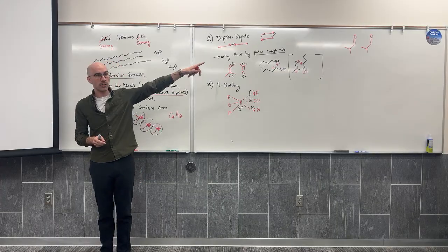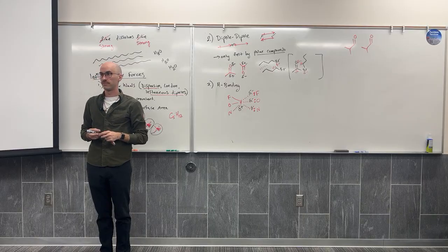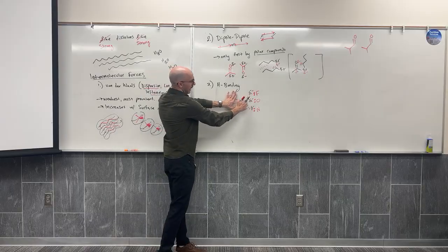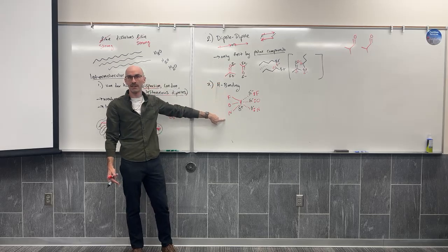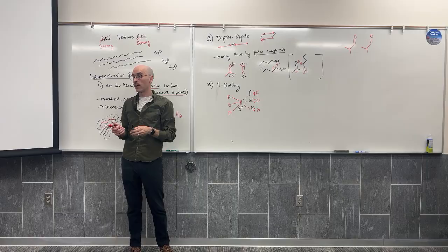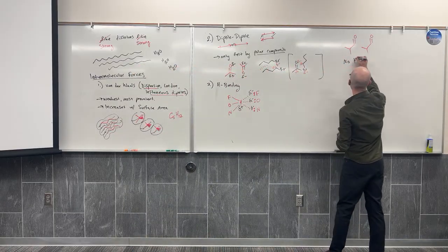So can these two molecules experience hydrogen bonding between each other? No. I could maybe find a hydrogen that interacts with the lone pair of an O, but there are no hydrogens bonded to these atoms, which means the partial positive on that H is just not strong enough for there to be hydrogen bonding. No hydrogen bonding.